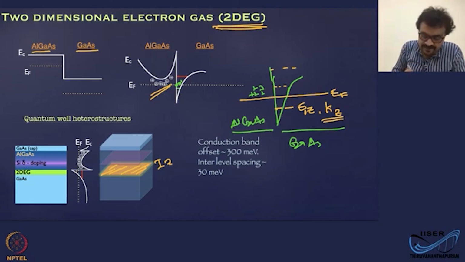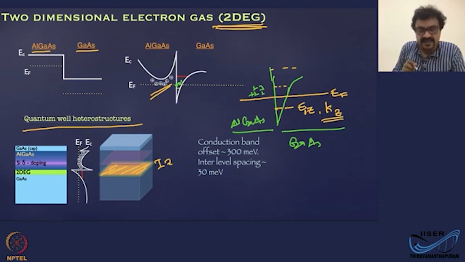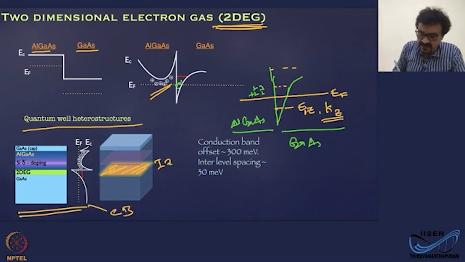Now this quantum well heterostructure, in this case, is gallium arsenide and aluminum gallium arsenide. This is a typical growth sequence. And here what you're seeing is the conduction band edge through the system. So you have a gallium arsenide capping layer, which is just to prevent the oxidation of the aluminum gallium arsenide layer.